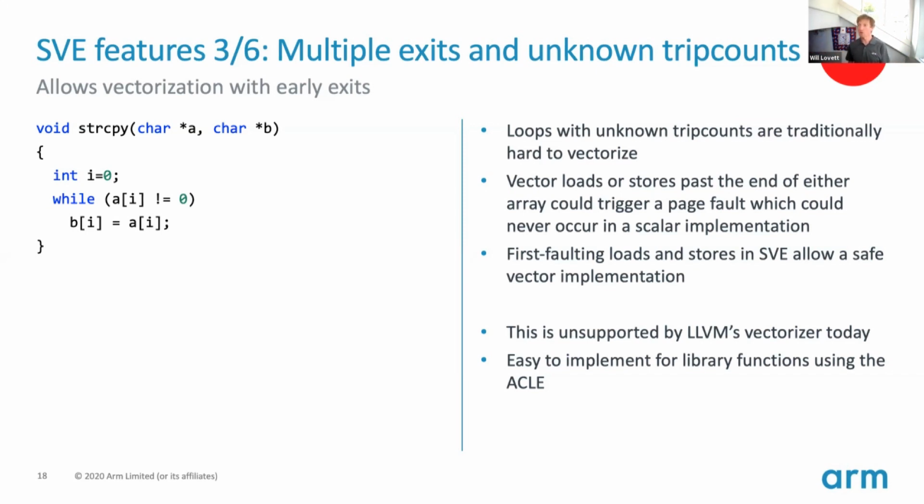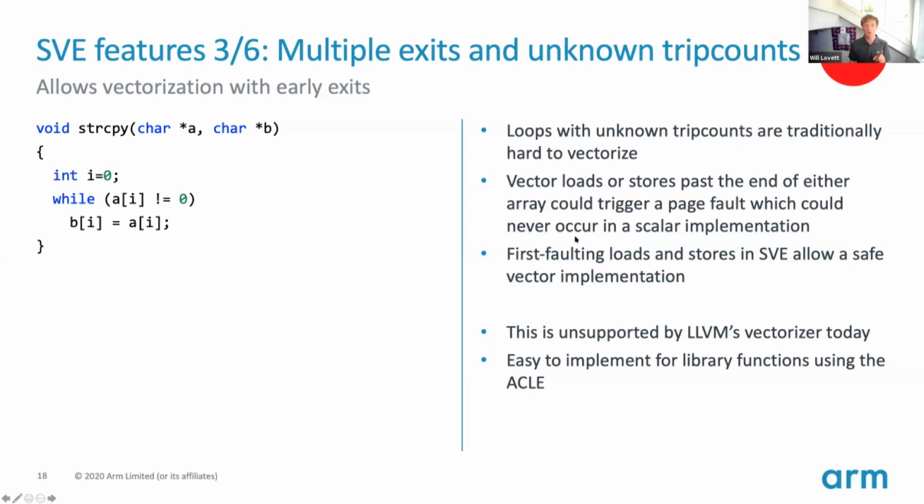So there are instructions that support this in SVE that in particular ensure that page faults are never generated for anything apart from the first lane in the vector. But we don't support auto-vectorization of this in LLVM today. So this is a potential future area, which is why this is red.